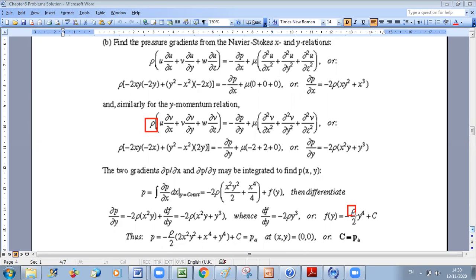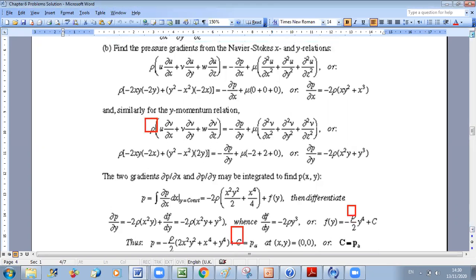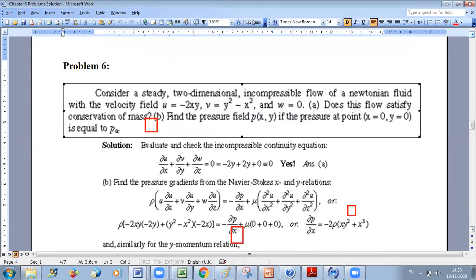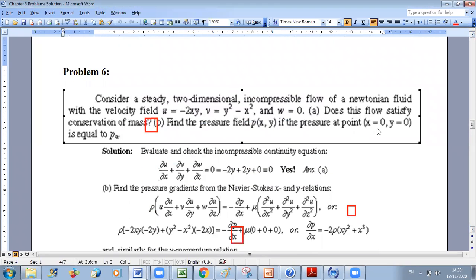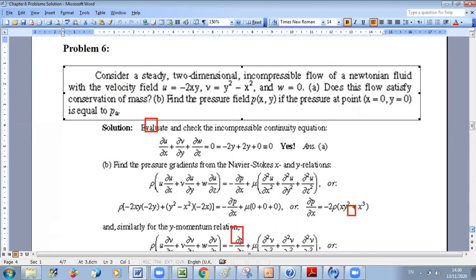So now the final step is to get the constant. To get the constant, I need a boundary condition. If I go back to the given, they told me that at point x equals 0, y equals 0, the pressure is equal to PA. So all I have to do is replace x equals 0, y equals 0, P equals PA, and I get my constant.